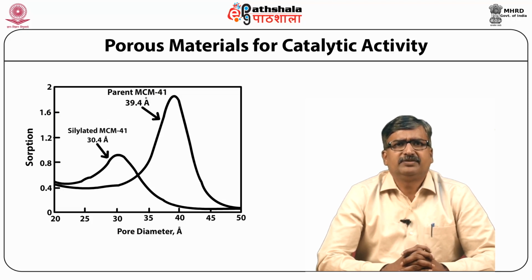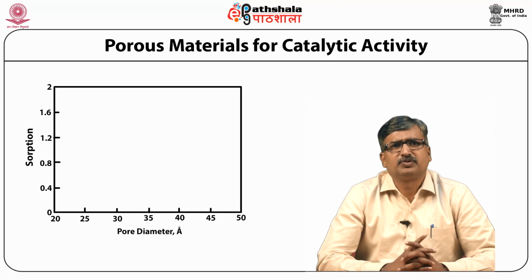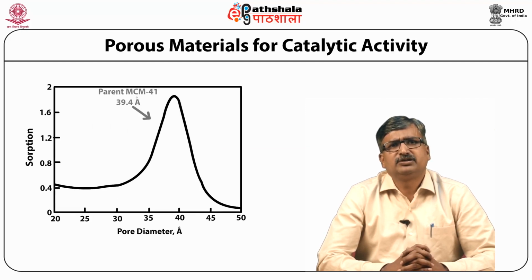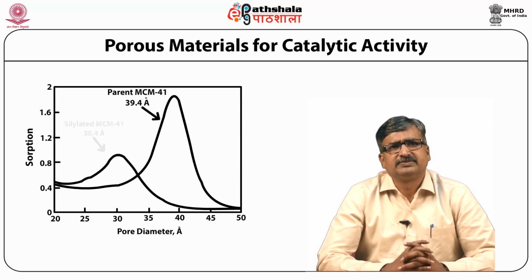The detection of the nuclear magnetic resonance NMR signal from the silicon-29 isotope of the trimethylsilane group in these molecular sieves, with its plus 12 ppm chemical shift, confirms its presence in the pore after trimethylsilylation treatment.